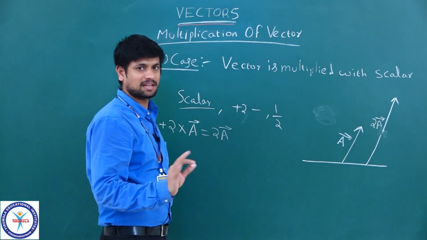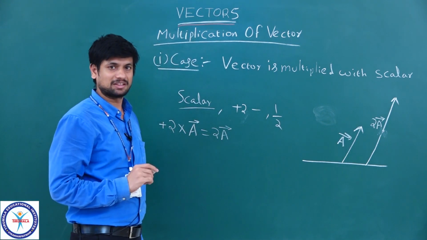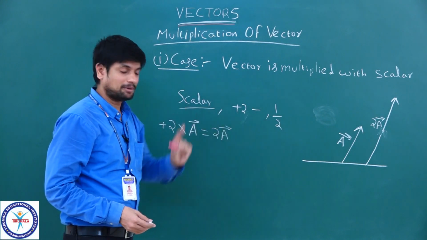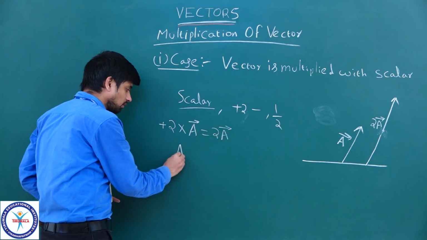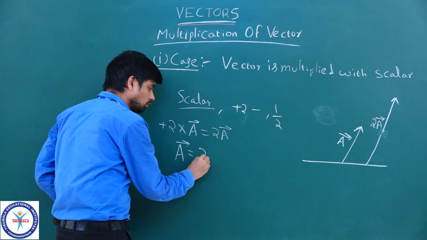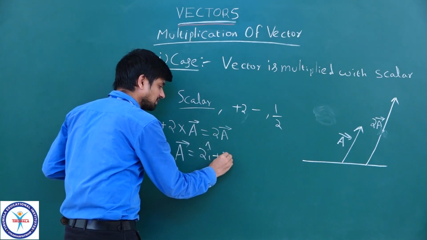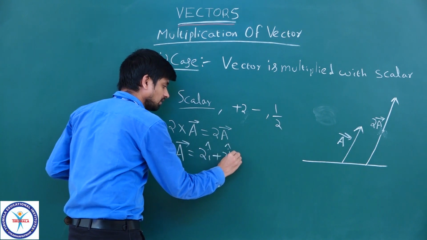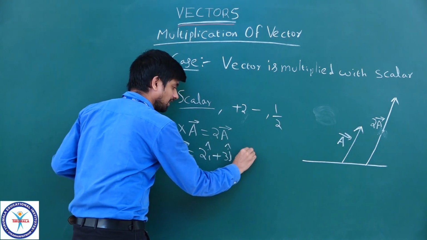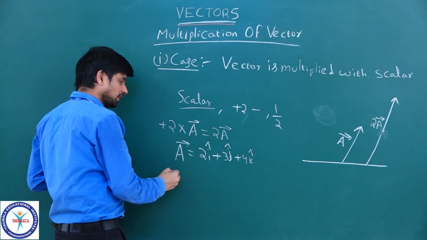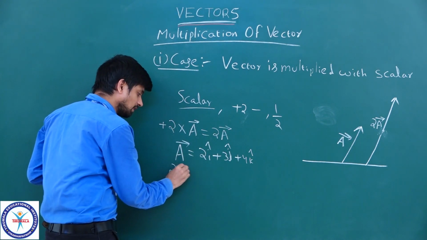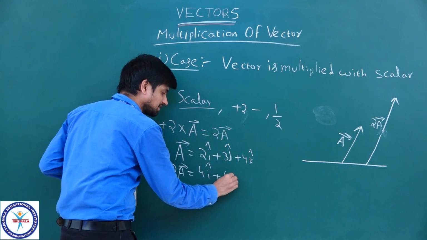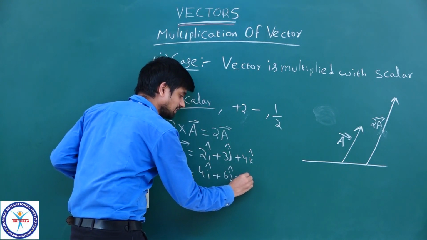Just simply multiply with the number, every xyz component also will be multiplied. Take one example, a bar equal to 2i plus 3j plus 4k. I multiplied with 2, right? So 2a bar becomes 4i plus 6j plus 8k.